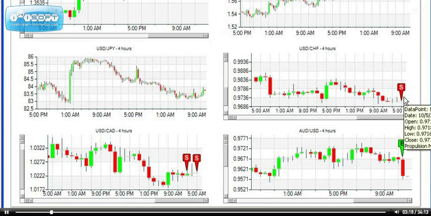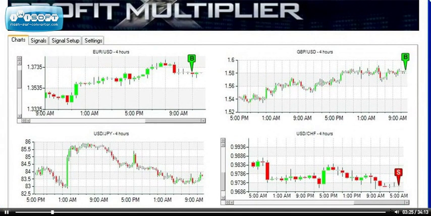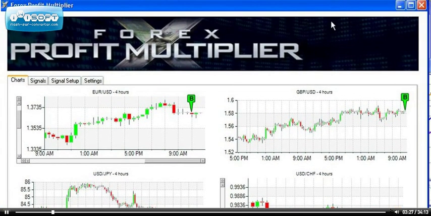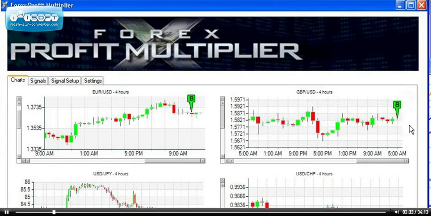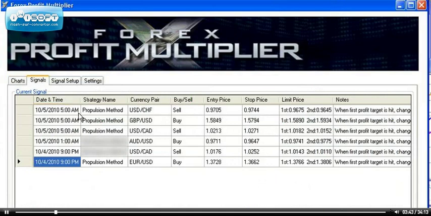So we've got a new short setup on the Swiss franc, a new short setup on the Canadian dollar, and a new buy setup. Let's zoom in there on the British pound. Okay, so then we can look at the signals tab, and here they are.